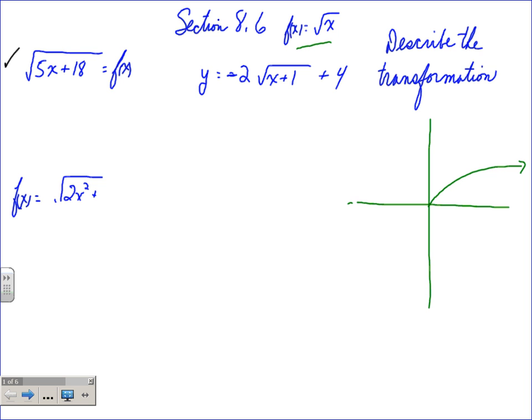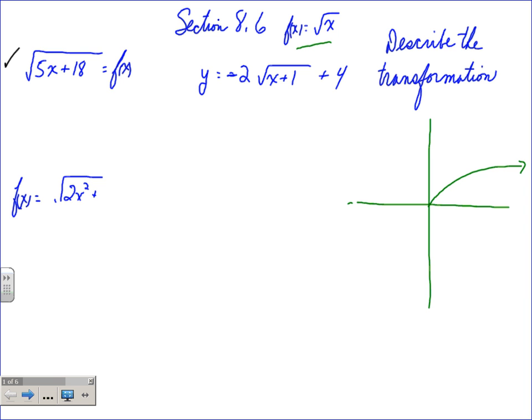We have a function up here, f of x equals the square root of 5x plus 18. That's the function. What is the domain of this function? What can x equal? Are there any restrictions? Well, when you're talking about domain and graphing, you're talking about real values.